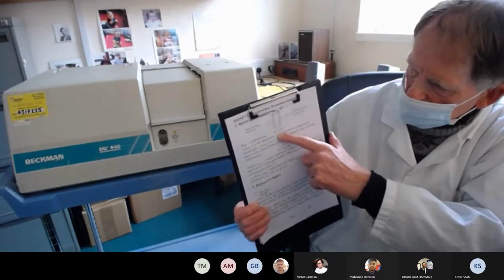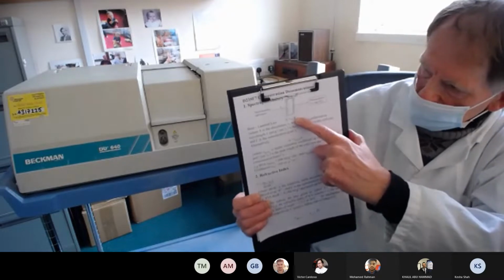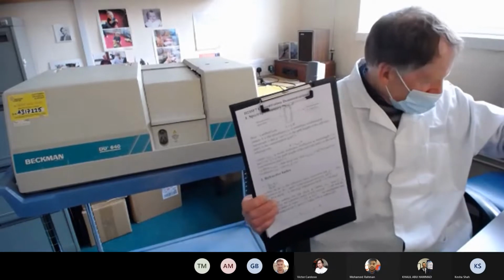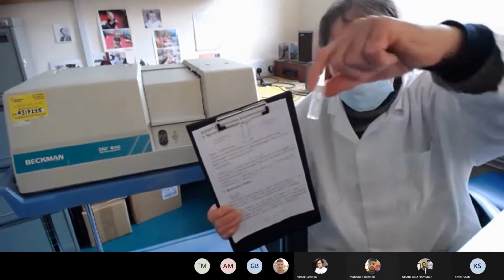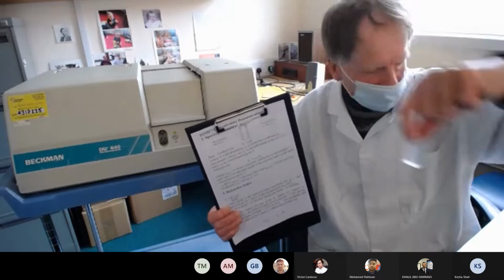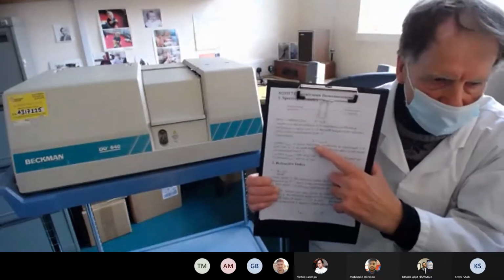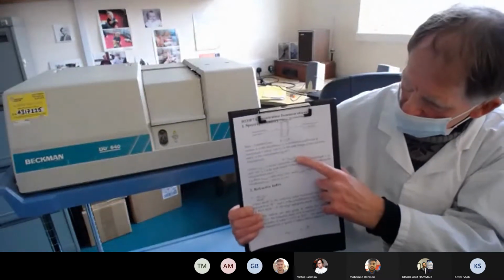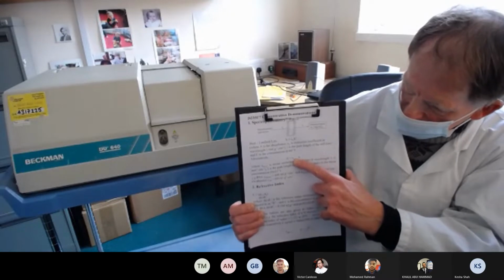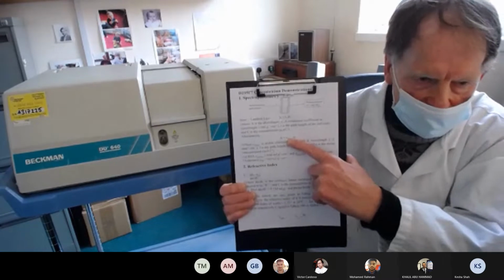This is the extinction coefficient at a wavelength lambda. L is the path length of the cuvette, which is typically 1 centimeter. And this is the corresponding equation if we work with molar concentrations, where lowercase c is the molar concentration, and this is the molar extinction coefficient.